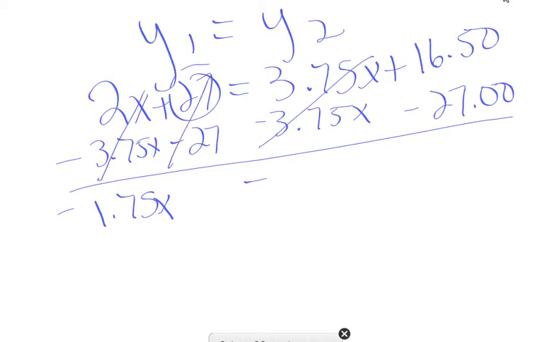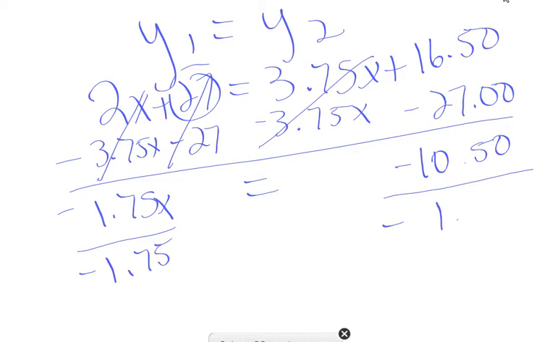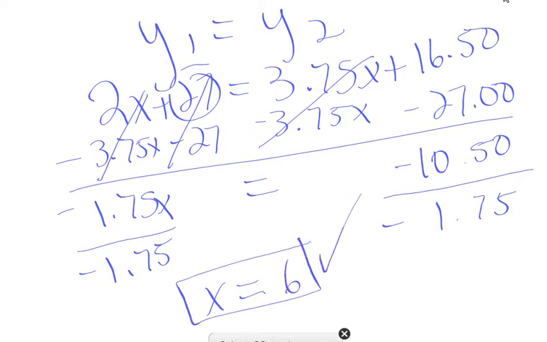Then this goes away, and I get negative 10.50 over here. So now I need to divide each side by negative 1.75, and I get that x is equal to 6. So there's your answer. At 6 hours, they are the same cost.